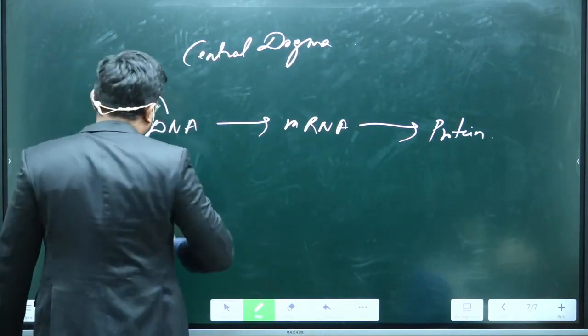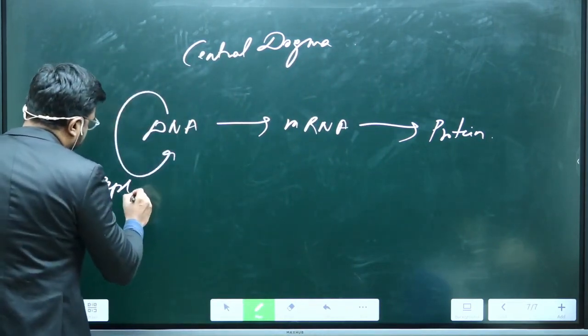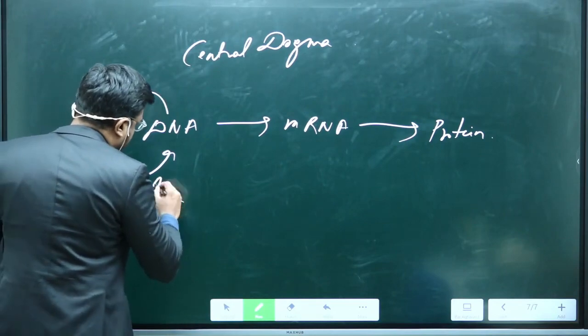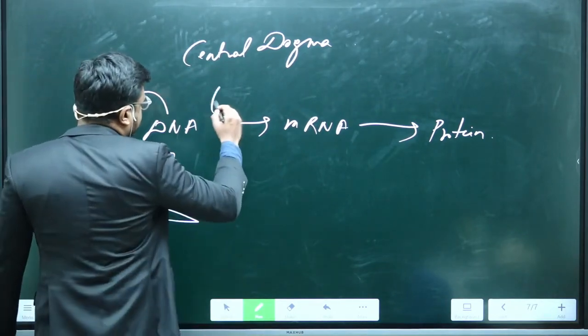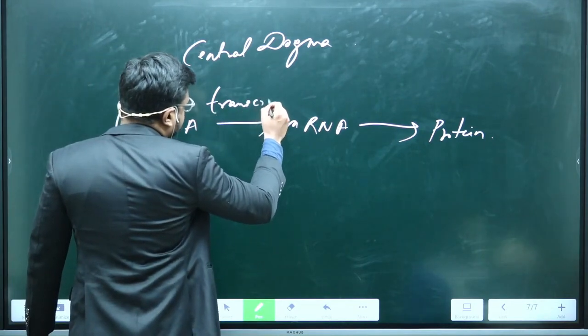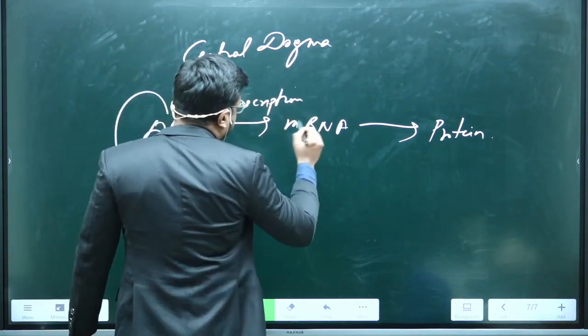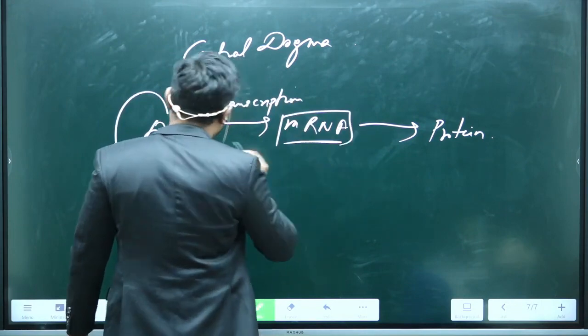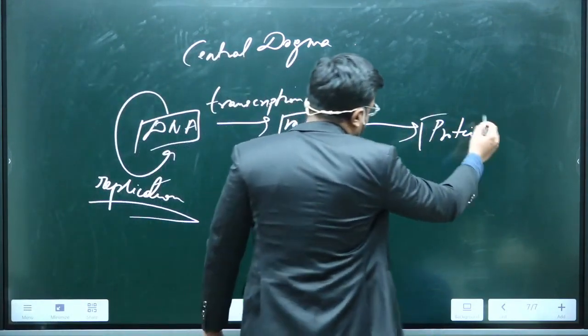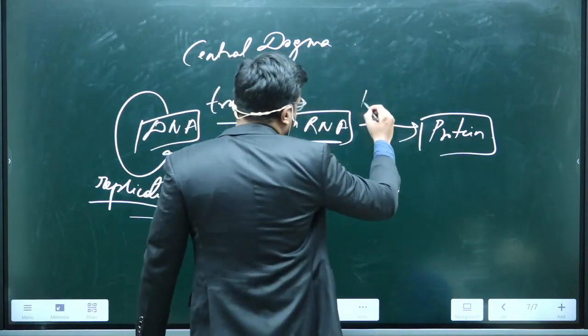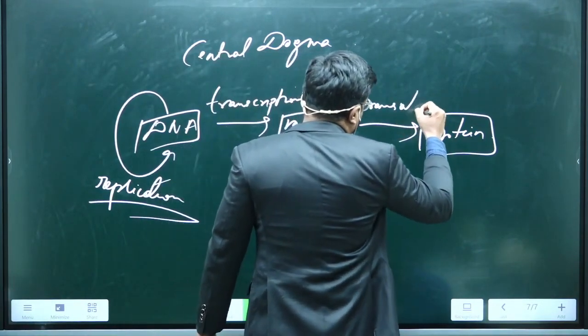DNA also has the ability for replication. We have studied this replication process. Then we have also gone through the process of transcription by which the mRNA is made. This mRNA is finally expressed into the protein by the process of translation.